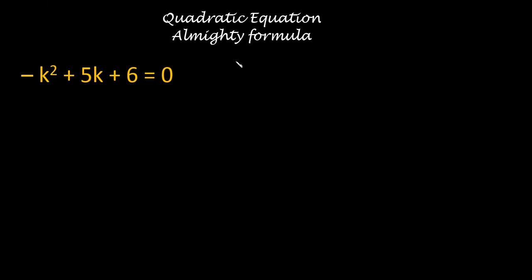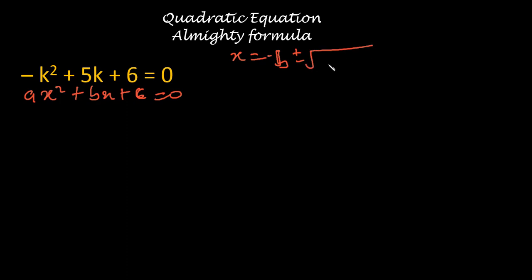So I have proved that when we have ax squared plus bx plus c is equal to 0, and we solve it using the completing the square method, you get x is equal to minus b plus or minus square root of b squared minus 4ac, everything over 2a.